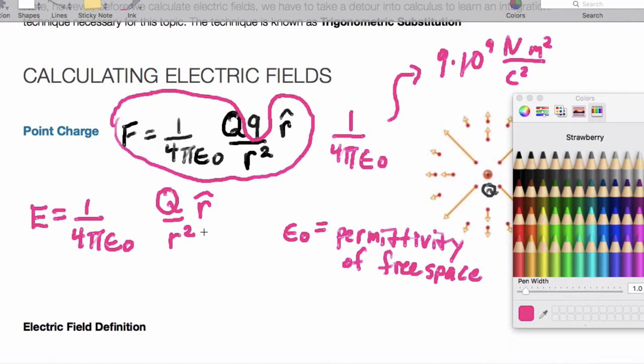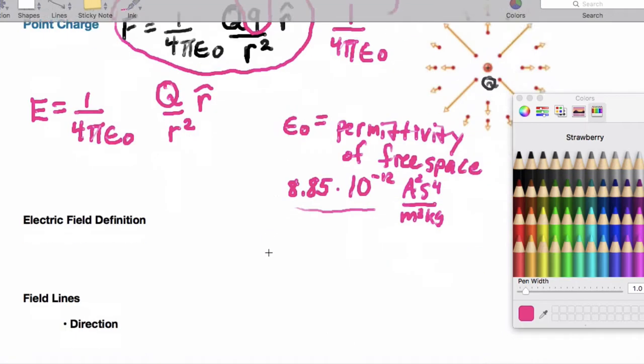Yes, in MKS units, it ends up being 8.85 times 10 to the negative 12th. Now, the proper units on this are amps squared, seconds to the fourth, over meters cubed times kilograms. I wouldn't worry about the units. I just worry about this number here because it does pop up in problems.